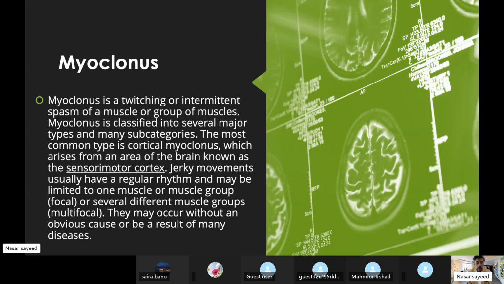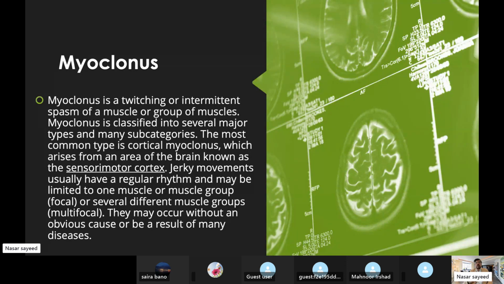Myoclonus is one of the most common presentations in psychiatry for movement disorder. Rather, I will say that this is more common now, with the new second, third generation of antipsychotic medications. Myoclonus is more common than EPS. Myoclonus is a twitching or intermittent spasm of a muscle or a group of muscles.